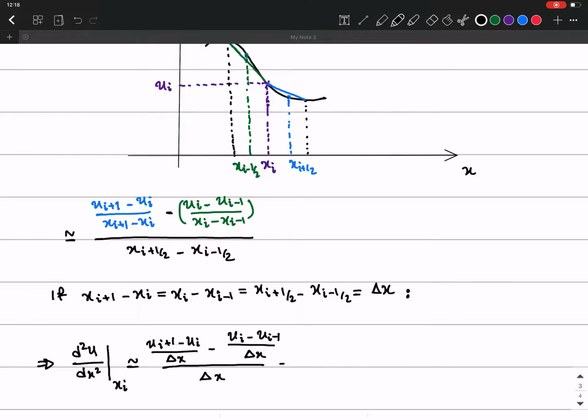This equals ui plus 1 minus 2ui plus ui minus 1 over delta x square.